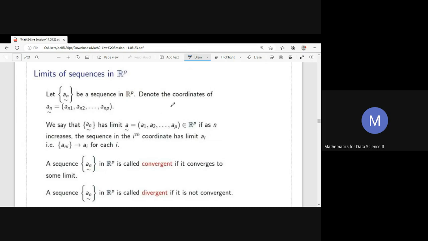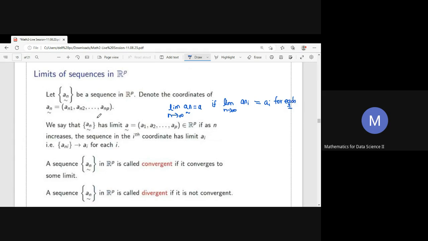It means limit n goes to infinity of a_n tilde is equal to a tilde if limit n goes to infinity of a_ni is equal to a_i for each i.